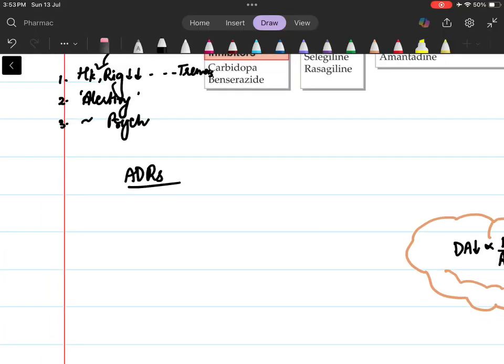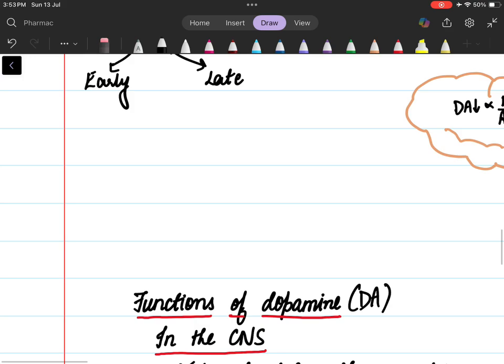ADRs. So we can divide this into early or immediate adverse effects and late adverse effects. Early adverse effects are nausea and vomiting, as we saw the CTZ action. Then you have hypotension, specifically postural hypotension.